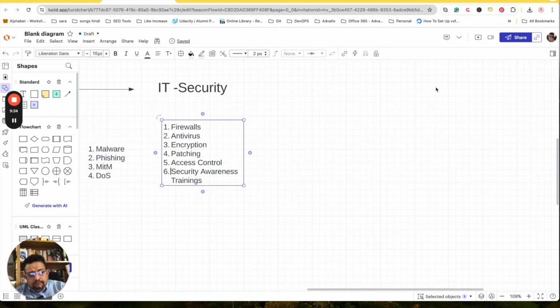IT security is a vast field, but these topics provide a solid foundation to build upon. Remember, security is an ongoing process, not a one time setup. Regular assessment and updates are key to staying protected. Why am I saying that?